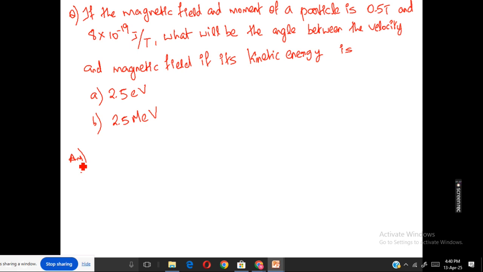The magnetic field, which is B, is given by 0.5 Tesla, and the magnetic moment is given by mu.